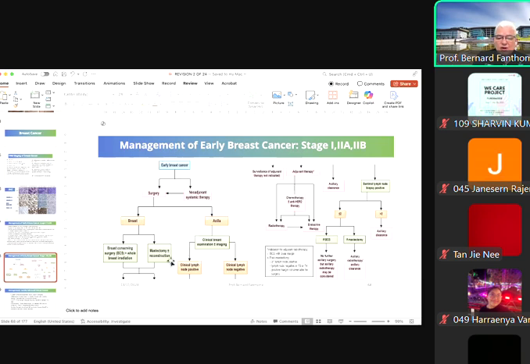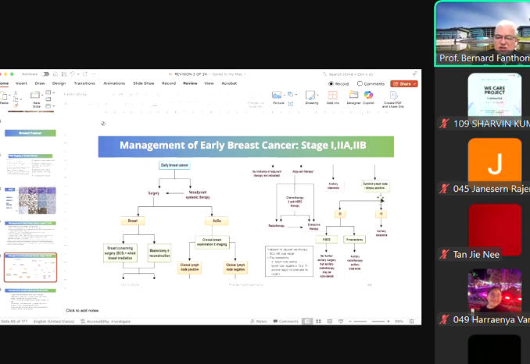Now, for the clinically positive axilla, an axillary dissection, level 1 and level 2, will always be done. If it is a clinically negative axilla, that is, the axillary nodes are not seen, or if seen on imaging, FNAC is negative, then we will go ahead with the sentinel lymph node biopsy.